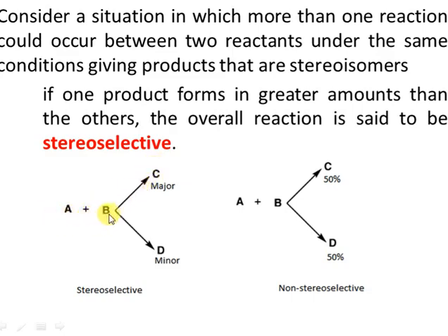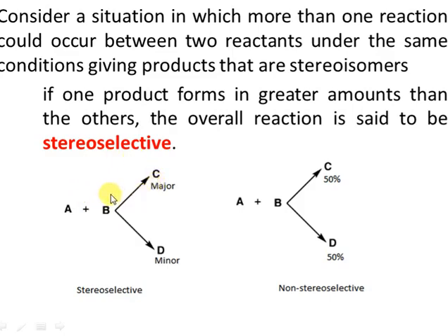So one of the possible reaction routes or mechanisms is formation of C, while the other possible mechanism is formation of D. But since C is forming as a major product, it means this reaction route has preference. So the reaction mechanism that is involving formation of C has more preference.